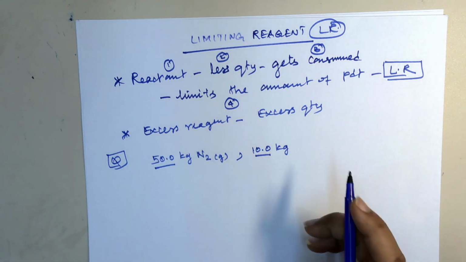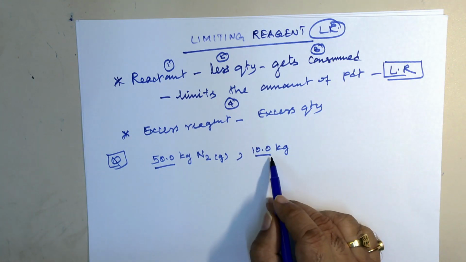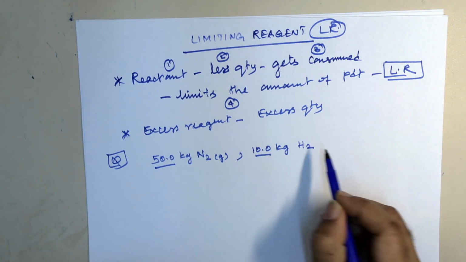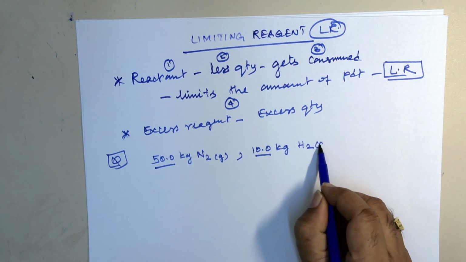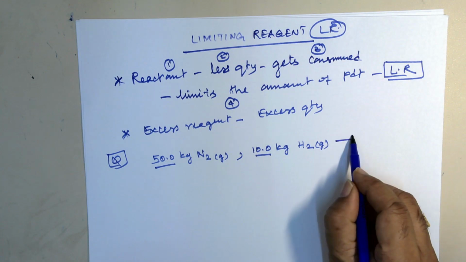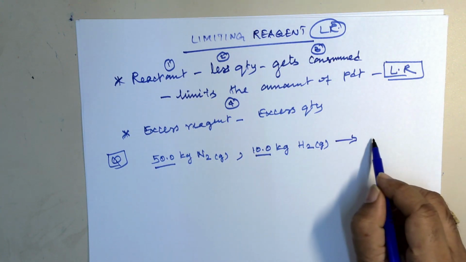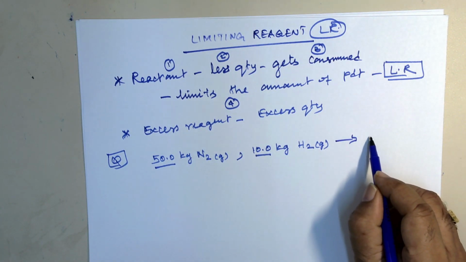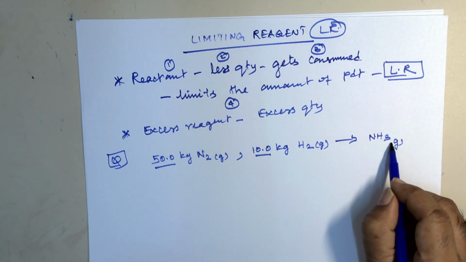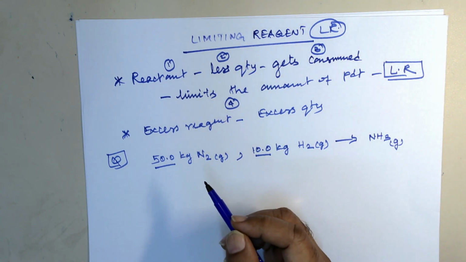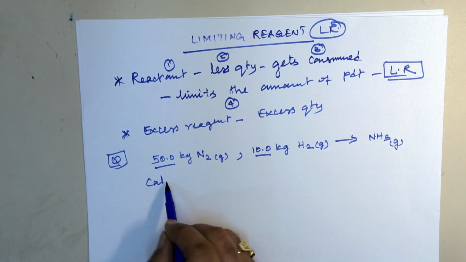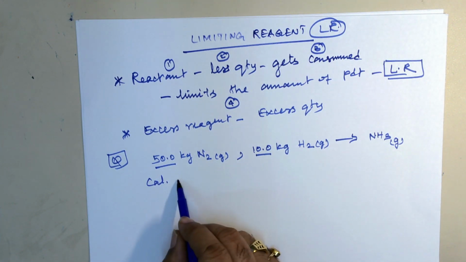Understand this? Now, 10.0 kg of hydrogen gas are mixed together to produce ammonia gas. Now the question is: calculate the ammonia formed.